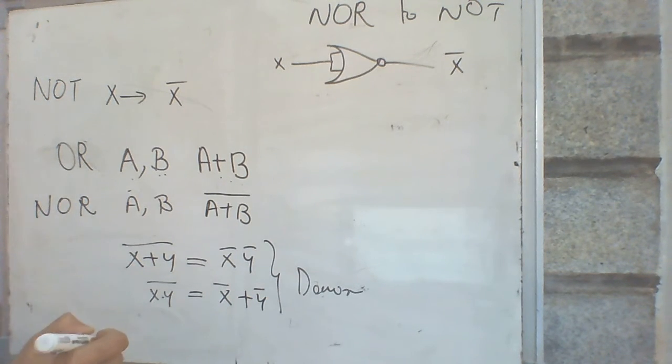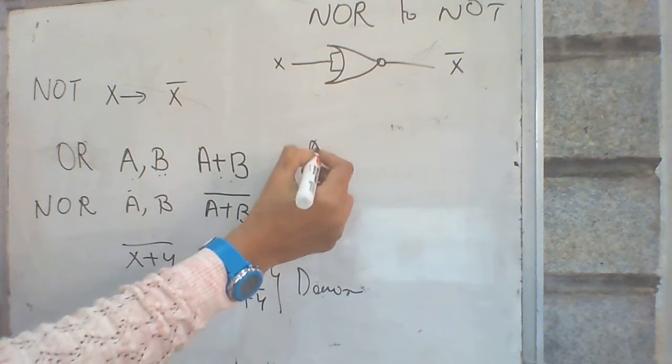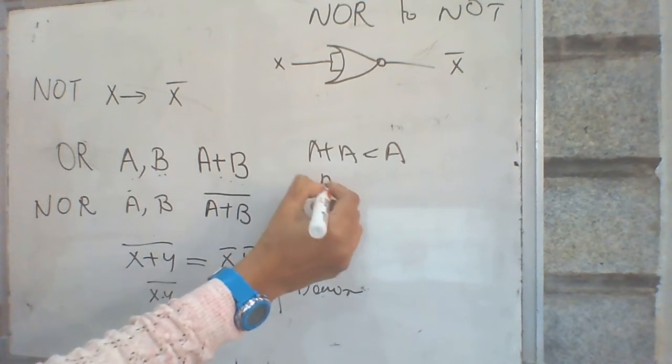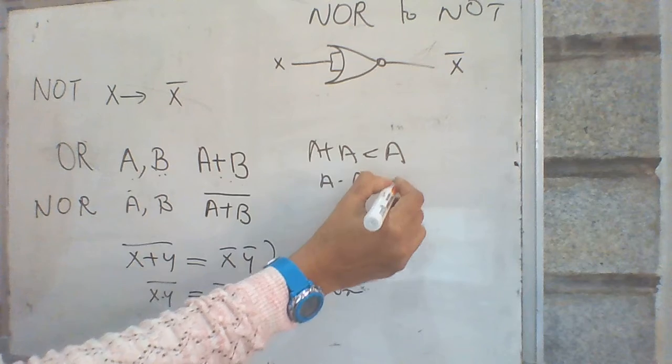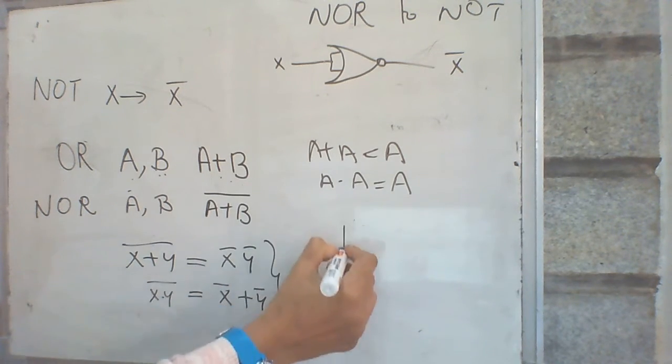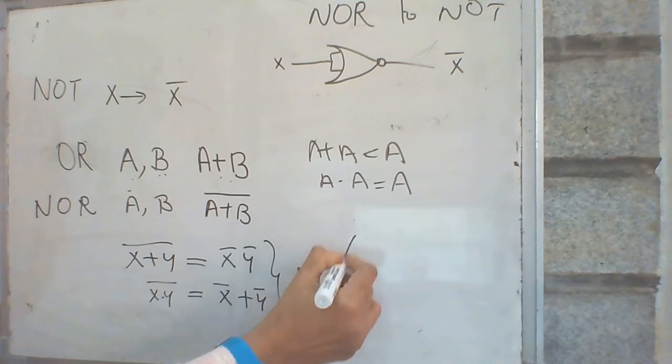Then which one is Idempotent law? A plus A is equal to A, or A dot A is equal to A. Which theorem? Idempotent law.